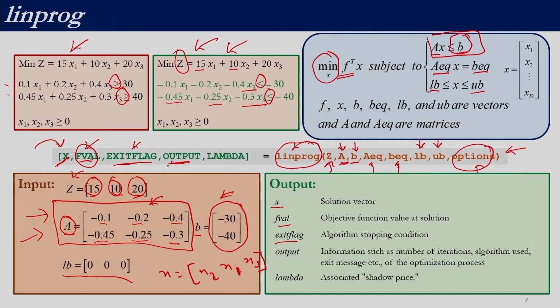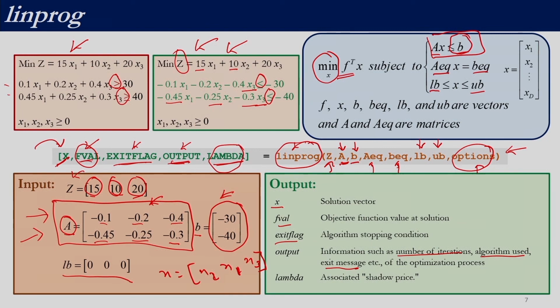This variable output is actually a structure. It will give a lot of information including the number of iterations, what algorithm was used, and why the algorithm stopped, which is there in this exit flag as well. It also gives what is called the Lagrange multipliers or shadow prices. So this gives additional information about the solution of the problem.